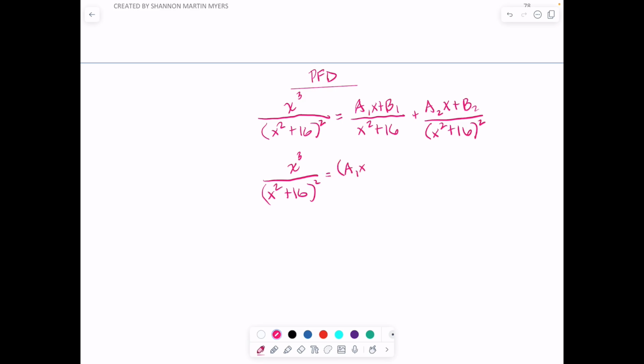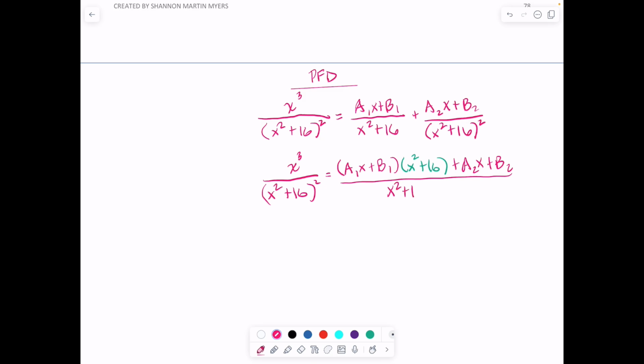All right. So we will have x cubed over x squared plus 16, the quantity squared equals. Our a1x plus b1 needs 1 factor of x squared plus 16, and then our second one is good to go because it had that least common denominator, a2x plus b2 all over.